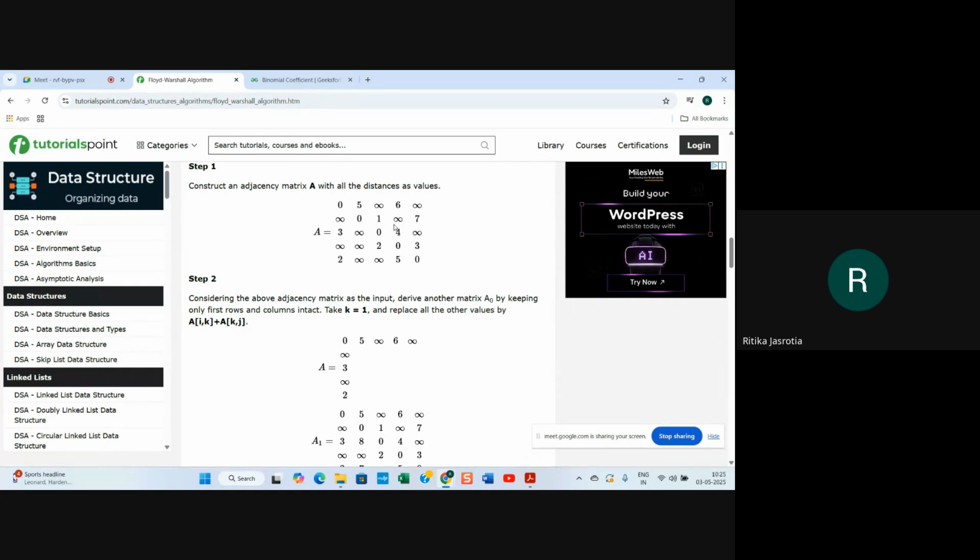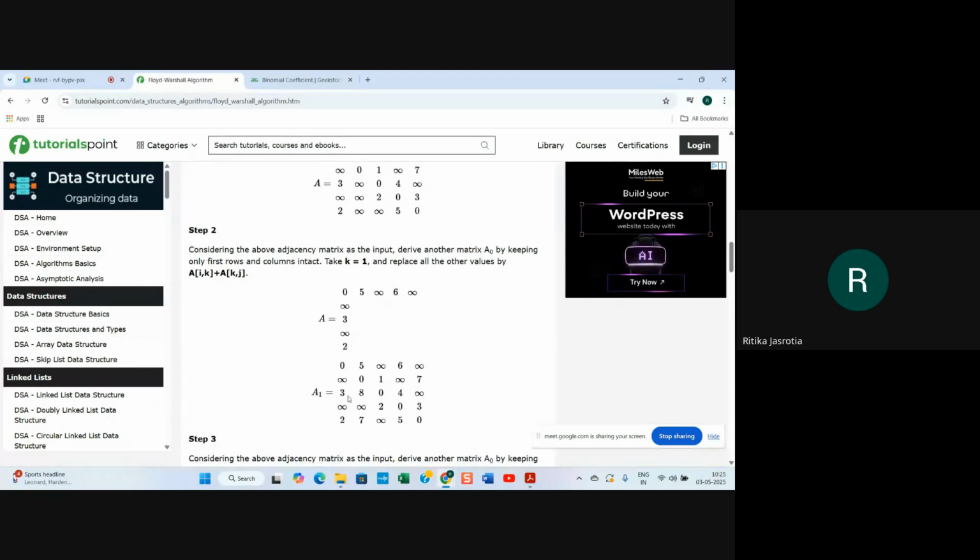Then this is infinity here, right? This position is A13. So A11 is 0 plus A13 is infinity, so infinity only here. Now this position is 1, 4. So A11 plus A14. A11 is 0, A14 is 7. So this comes out to be 7 only.